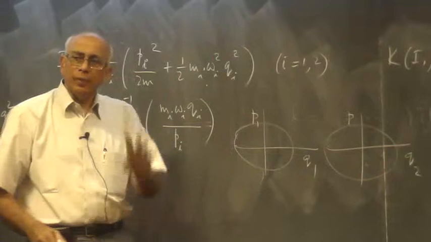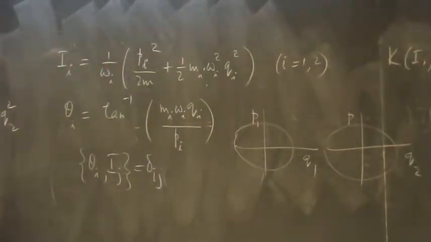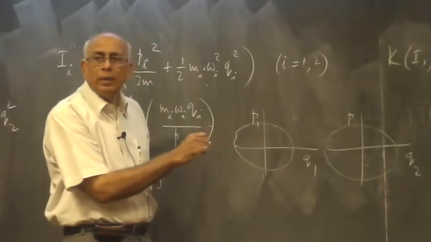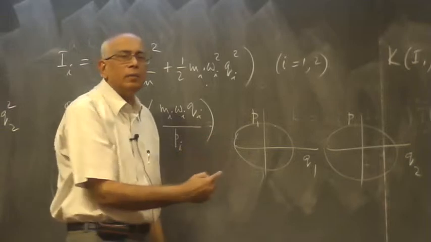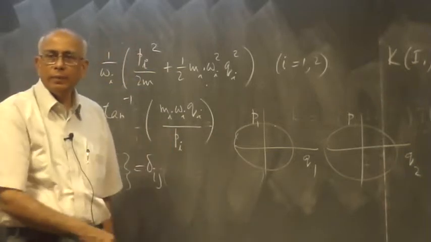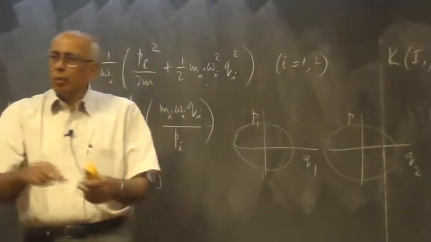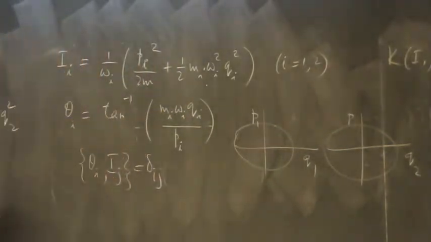Then the size of this ellipse is fixed by the value of the Hamiltonian, which is in other words I1, and similarly for I2. And the position of the phase space point on this is fixed by one angle, which is essentially related to theta 1. And the other one is theta 2 here. And motion proceeds by theta 1 and theta 2 changing.